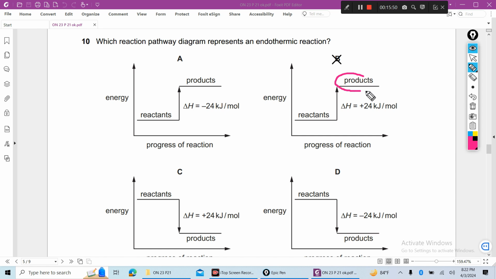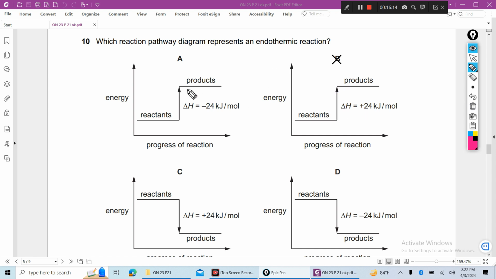If product has more energy than the reactant, that reaction is endothermic. And also for this reaction, delta H value, the energy difference between reactant and product, is plus 24. This is endothermic, that's why plus.